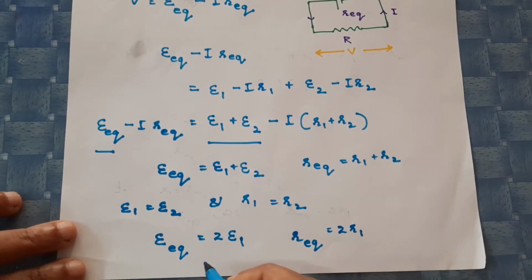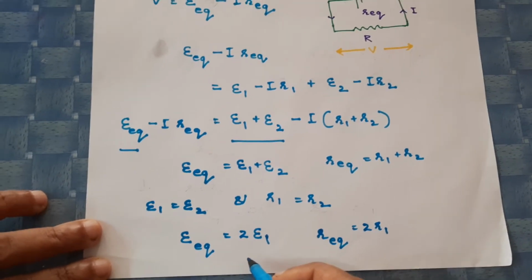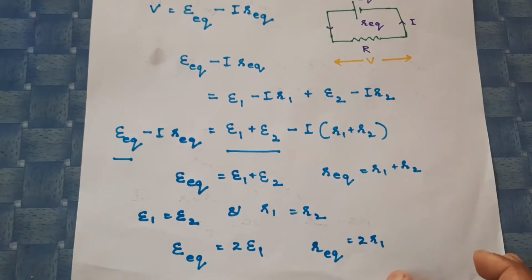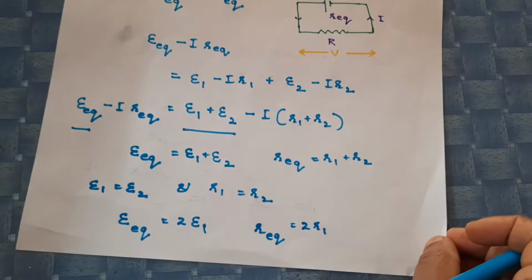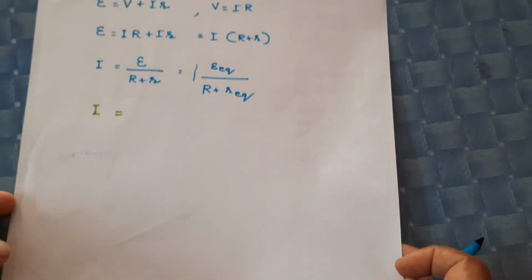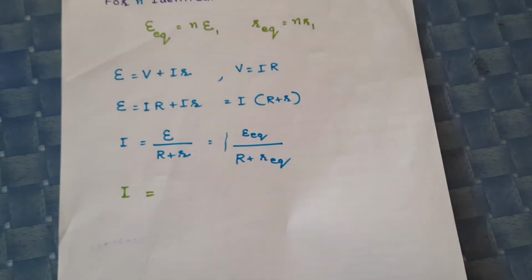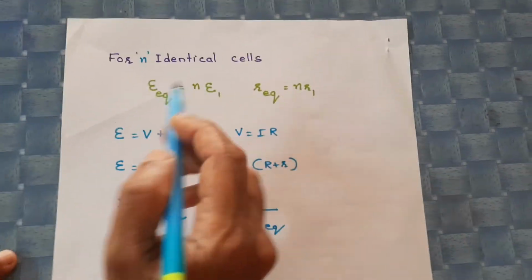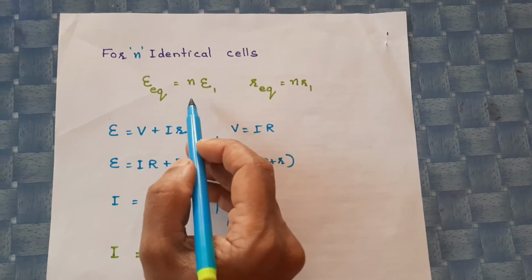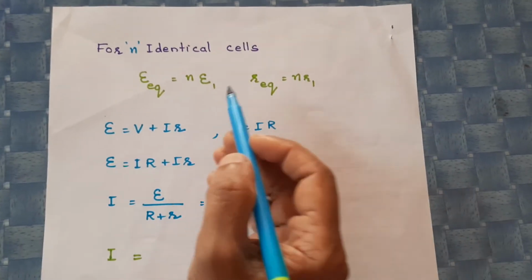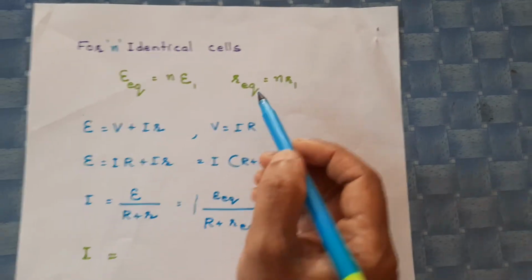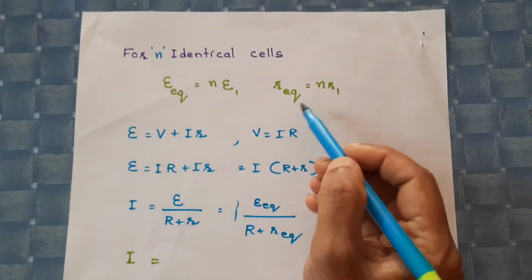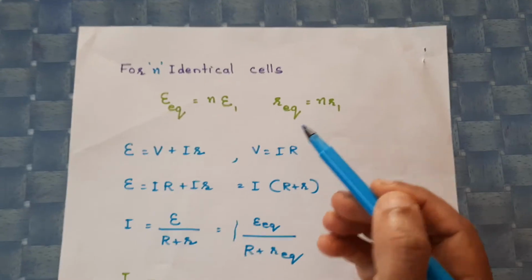So EMF is increased in series combination and the internal resistance also increased. For n identical cells, the equivalent EMF will be n times E1 and the equivalent internal resistance will be n times R1.